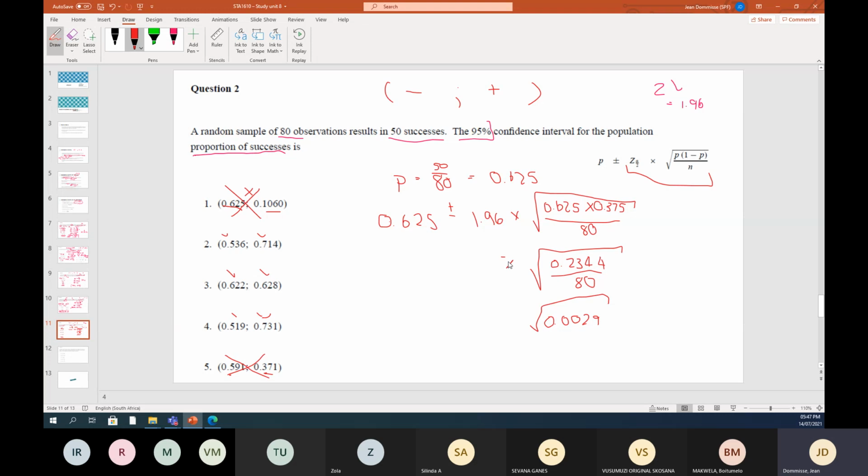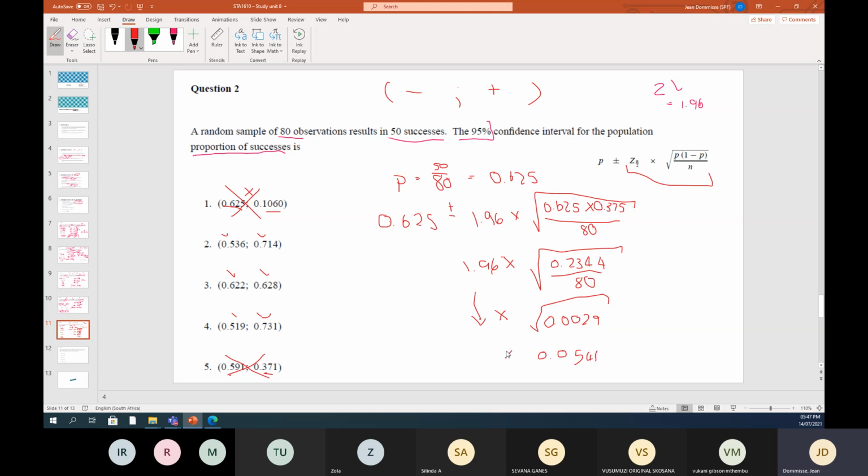So let's just make sure that we do that. Remember 1.96 there as well. So if we take the square root of that, we get 0.0541.